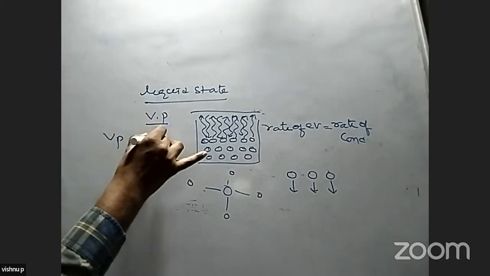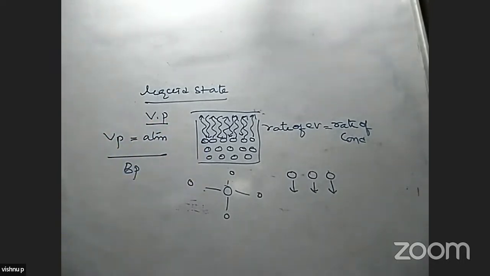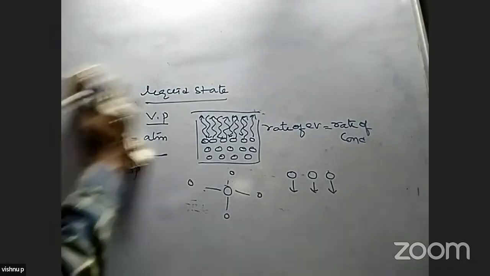If vapor pressure is equal to atmospheric pressure, that is called the boiling point. The rate of evaporation depends on the surface area of the liquid. If surface area increases, evaporation increases. If temperature increases, evaporation increases. If humidity increases, evaporation decreases. Okay, this is vapor pressure.